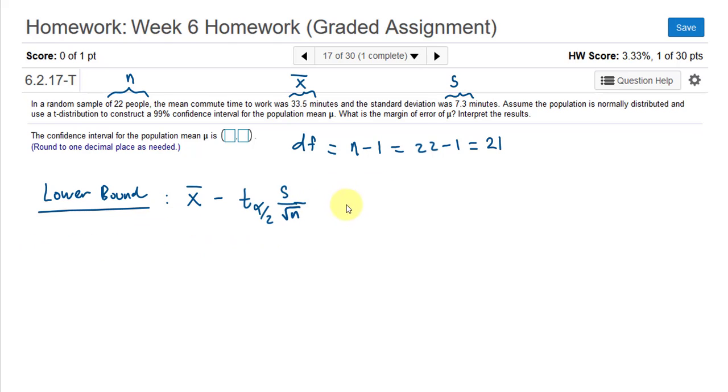For the upper bound, we take the same thing, but we add instead of subtract, so it's x bar plus t alpha over 2 times s over the square root of n. Looking back at the problem, we have x bar, s, and n, so all we have to find now is the value of t alpha over 2.